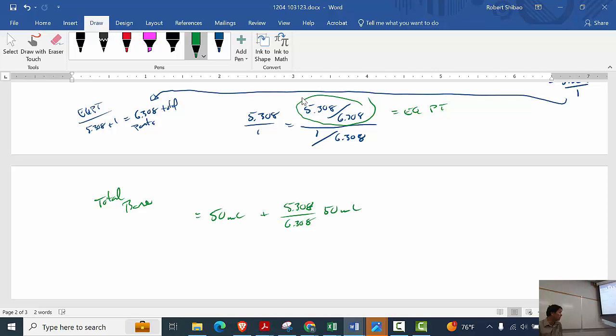I almost get there, but not quite. And so this is going to be 50 milliliters plus 5.308 over 6.308 times 50, which is 42.07.